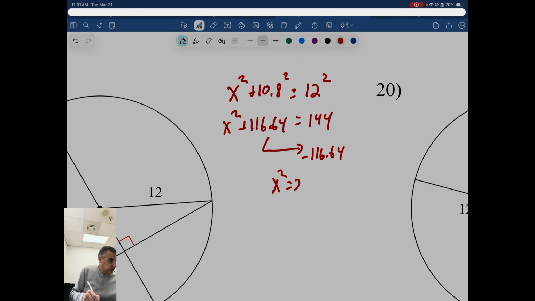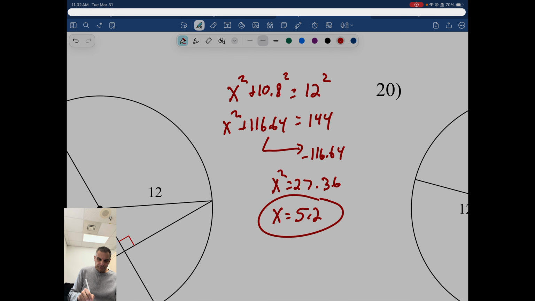So x squared equals 27.36. Take the square root of that. 5.2. X is equal to 5.2.